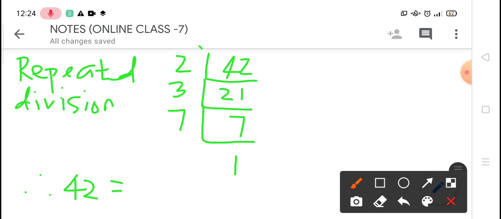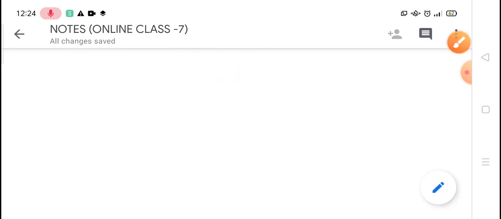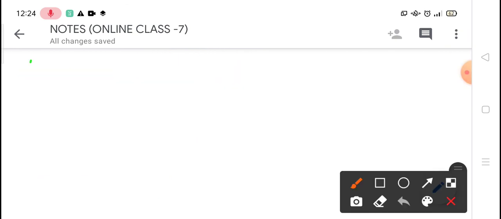So I can conclude that I will get the answer from the left hand side: 2 multiply 3 multiply 7. So this is how I perform prime factorization using repeated division. Okay, and now I show you by using a factor tree.